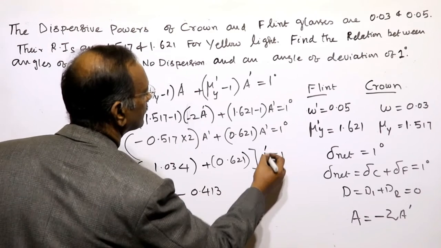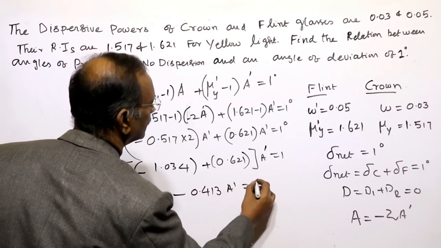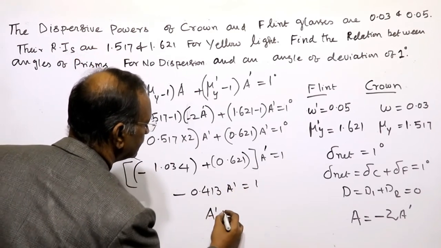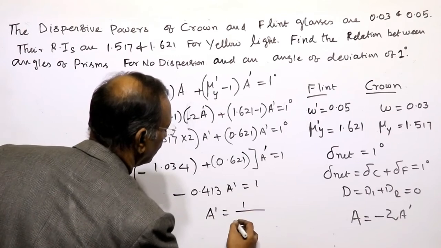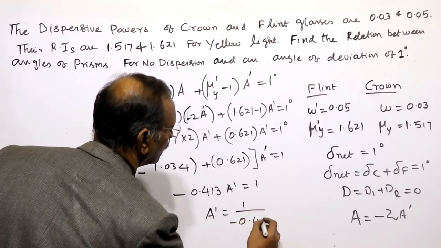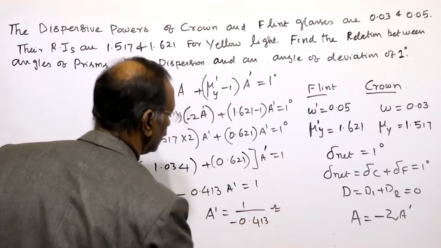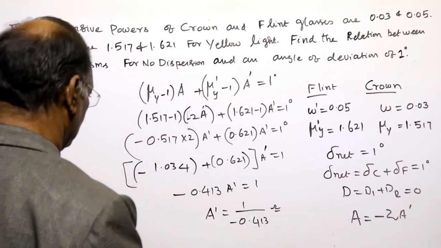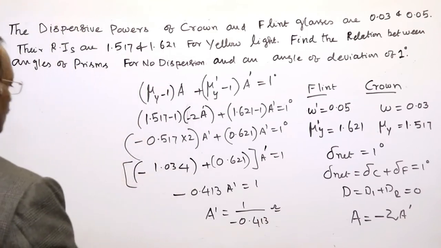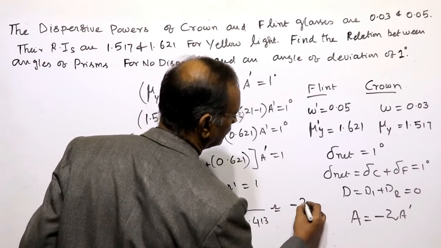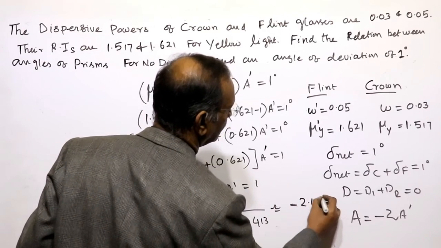So A dash times minus 0.413 is equal to 1, or A dash is 1 divided by minus 0.413, which comes to minus 2.42 degrees.